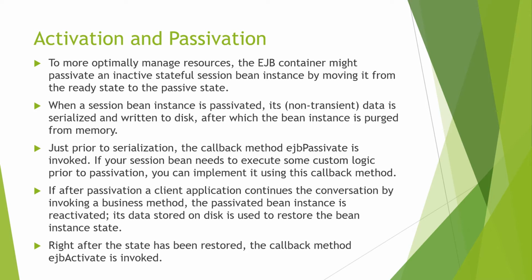If your session bean needs to execute some custom logic prior to passivation, you can implement it using this callback method. If after passivation a client application continues the conversation by invoking a business method, the passivated bean instance is reactivated. Its data stored on disk is used to restore the bean instance state. Right after the state has been restored, the callback method ejbActivate is invoked.